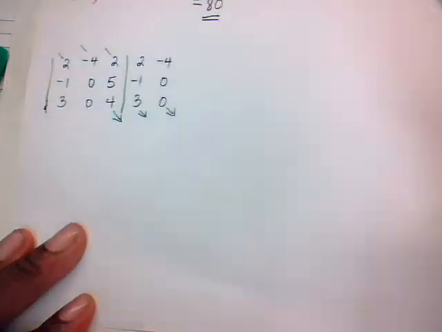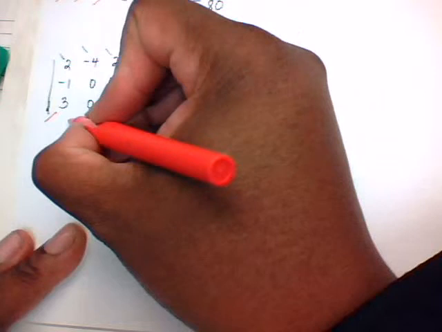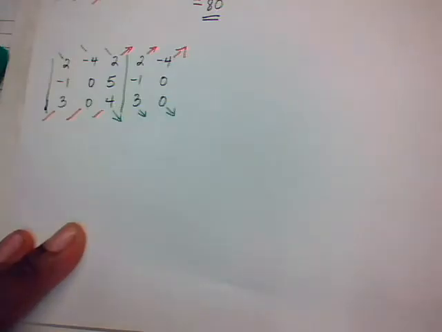And here's what I'm going to do. Take the product of these 3 diagonals from the upper left to lower right, and I'm going to subtract from it the product of these 3 diagonals from the lower left to upper right.